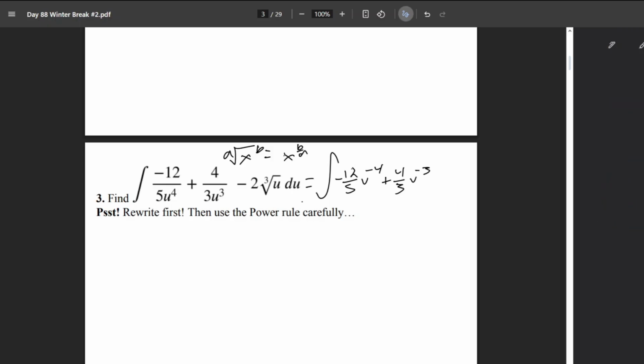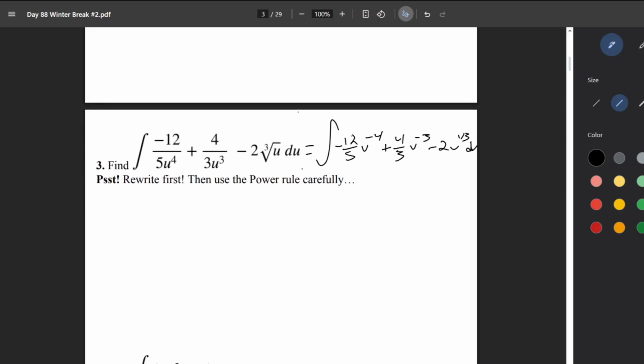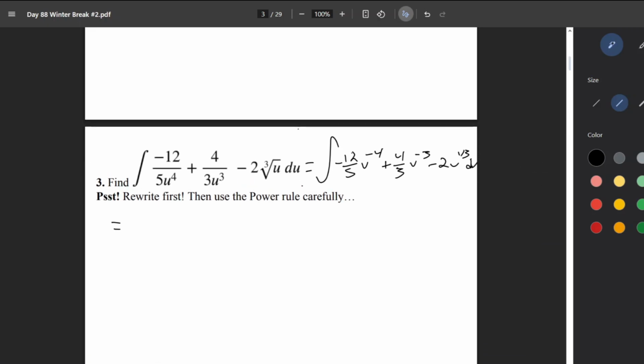Basically, that's exponentials. Transferring from a radical to exponential, or radical to poly, maybe. I'm not sure quite the right terminology, but this would be -2u to the 1/3, and don't forget du, proper notation. So this would be -12 over 5 to the u minus 3.